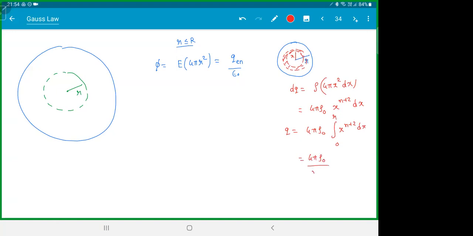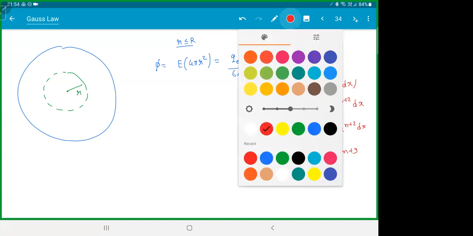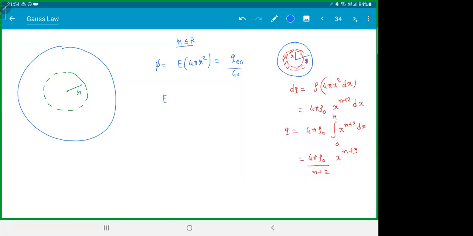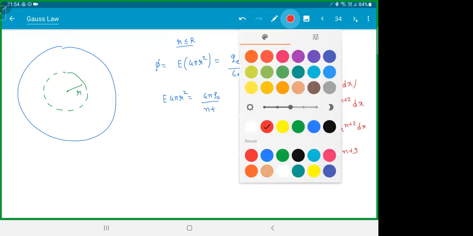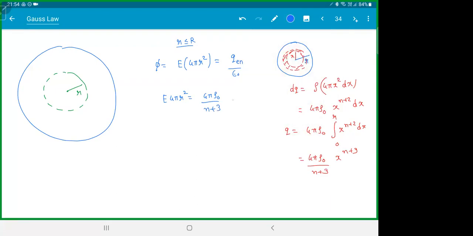That gives 4 pi rho naught over n plus 3 times x to the power n plus 3. If I substitute here, we get E times 4 pi r squared equals 4 pi rho naught by n plus 3 times r to the power n plus 3, divided by epsilon.